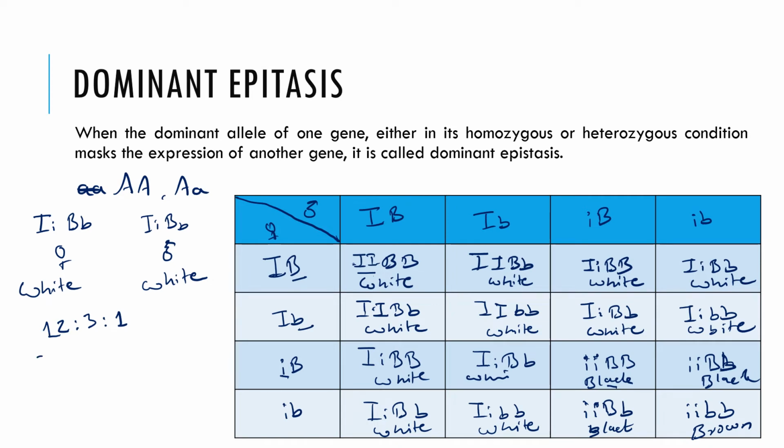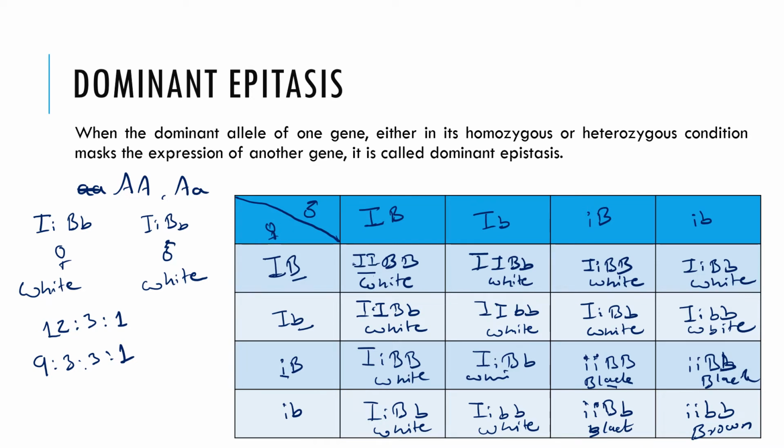Normally, in case of a Mendelian ratio, what we get is 9 is to 3 is to 3 is to 1. Even in a dihybrid cross, the Mendelian Punnett square used to give us 9 is to 3 is to 3 is to 1. But over here, what we get is 12 is to 3 is to 1. This gives us a very clear view that one of the genes is masking the expression of another gene.